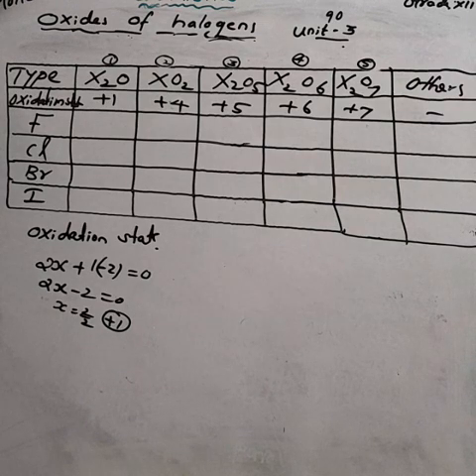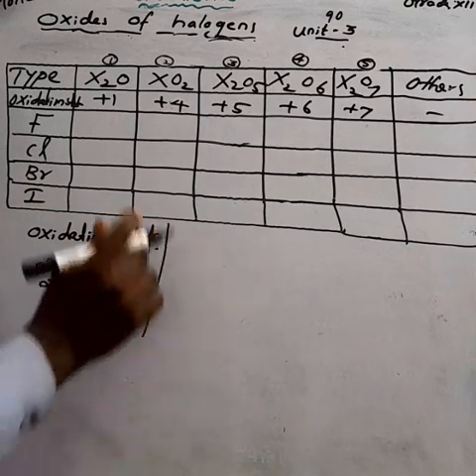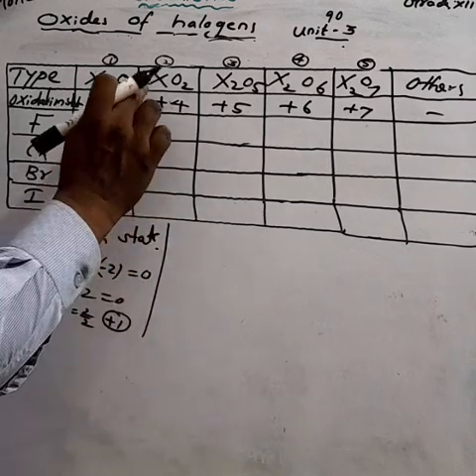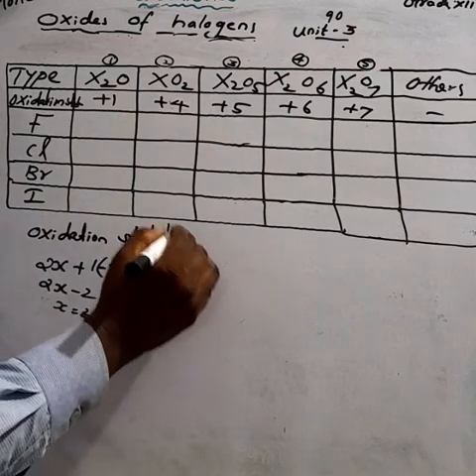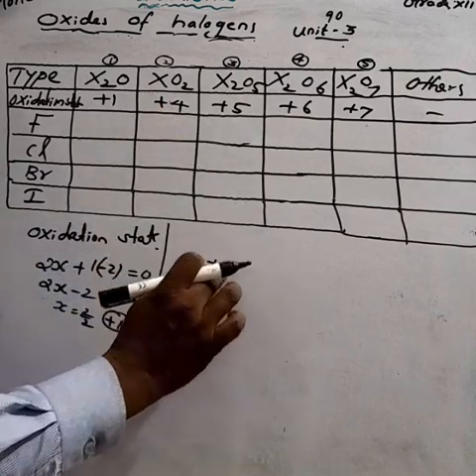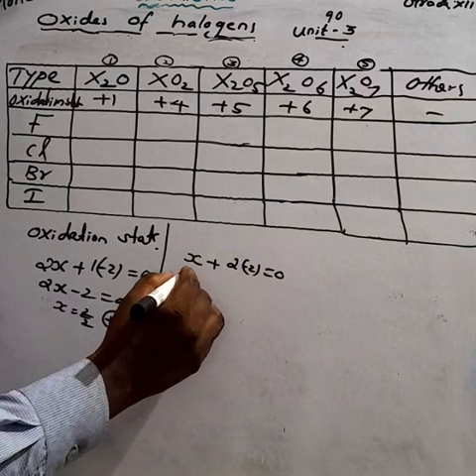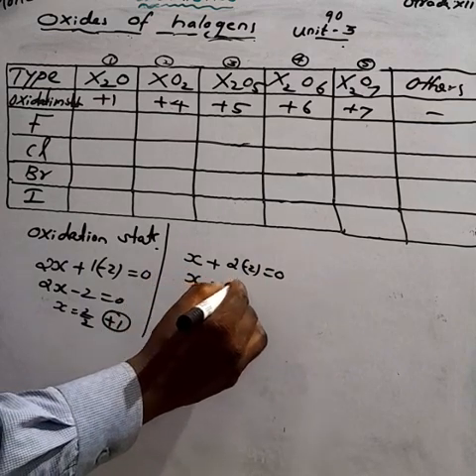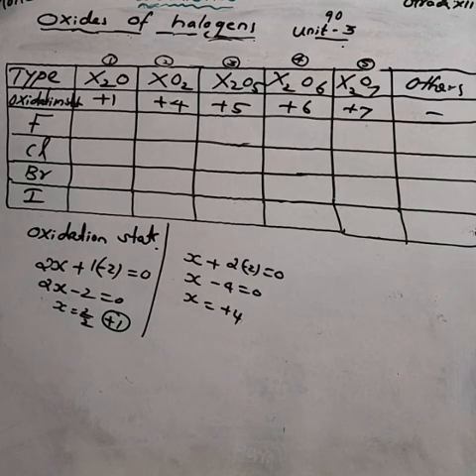What about XO2? How can you find the oxidation state of XO2? X we take as x, 2 oxygens having 2 into minus 2 equal to 0. x minus 4 is equal to 0. X is equal to plus 4 oxidation state.